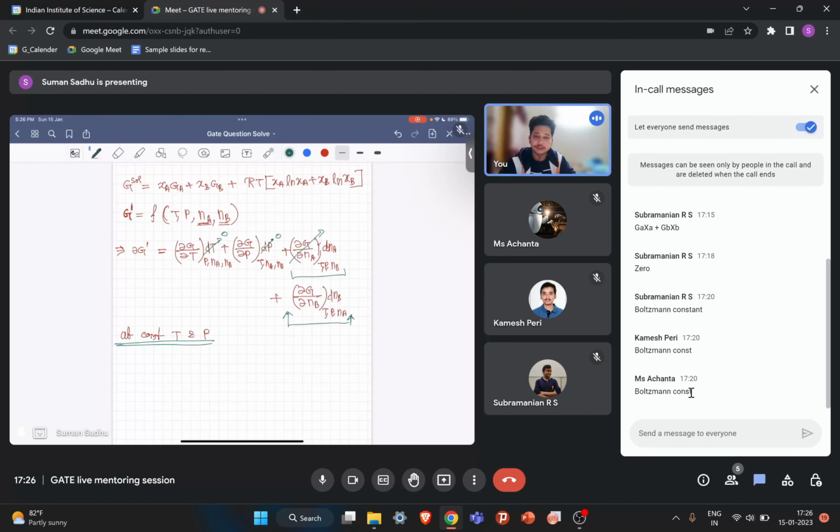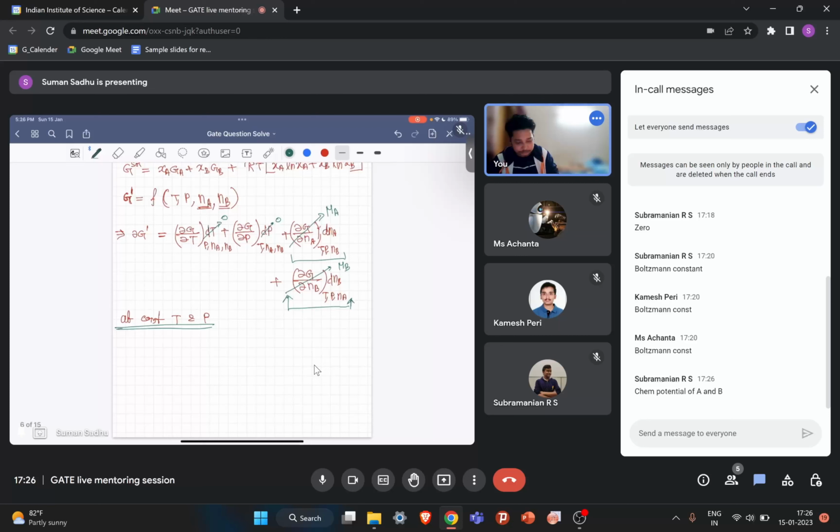At the beginning of the class I told you: the chemical potential of A and the chemical potential of B. Everyone understood up to this part? So you can write dG as mu_A dN_A plus mu_B dN_B, right?